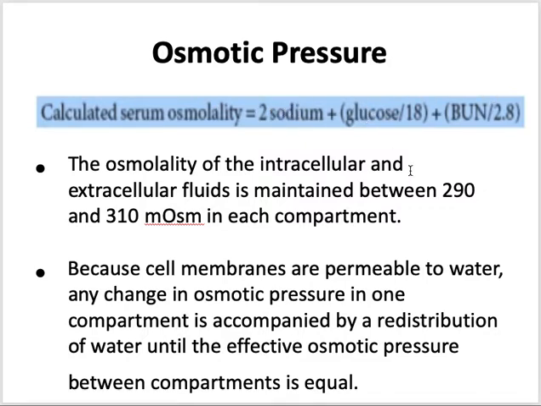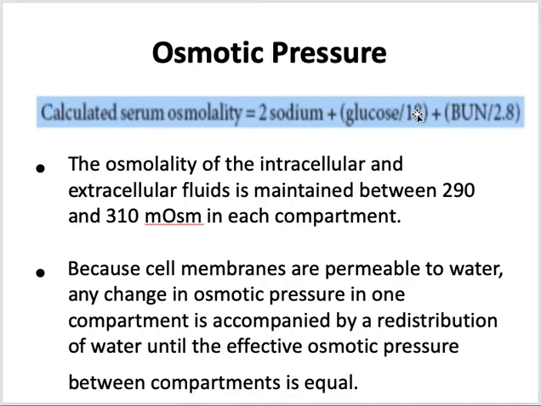Now to give you an idea of what I'm talking about: we have glucose in the blood, but we are dividing that number by 18, which results in a very, very low number.